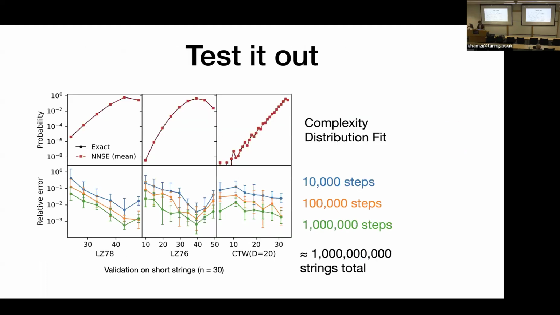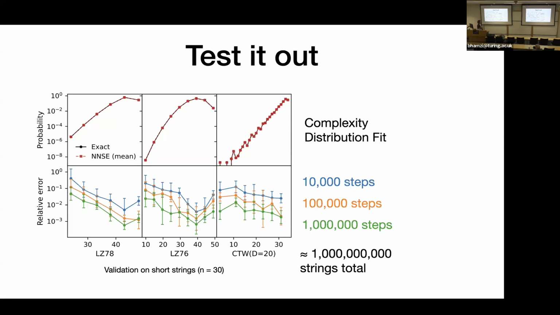We first implemented the method and tested it on very short lengths where we can validate the results using exhaustive sampling. This is for length 30. We looked at three different complexity measures: Lempel-Ziv 78, Lempel-Ziv 76, and CTW. We used depth equals 20 to make for faster calculations.